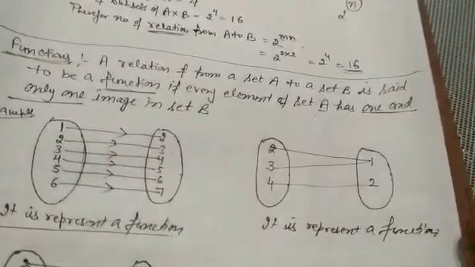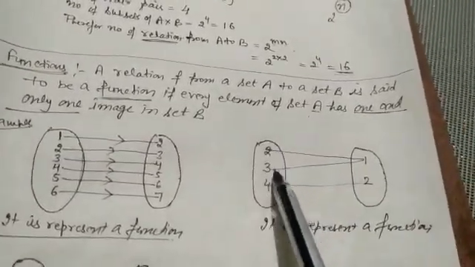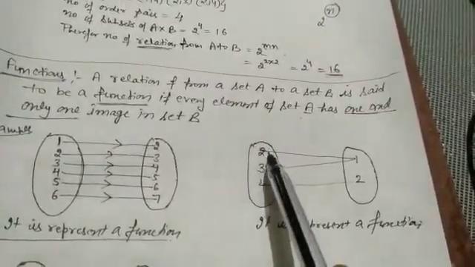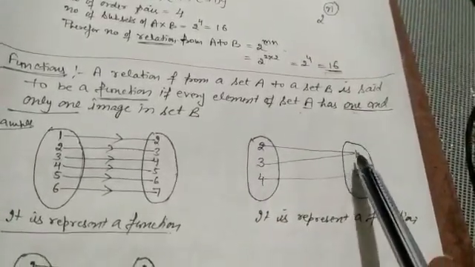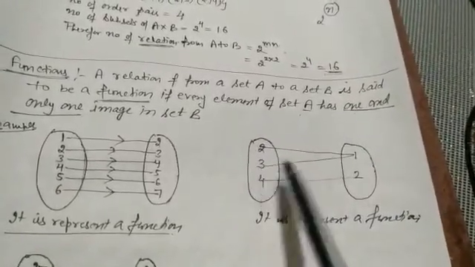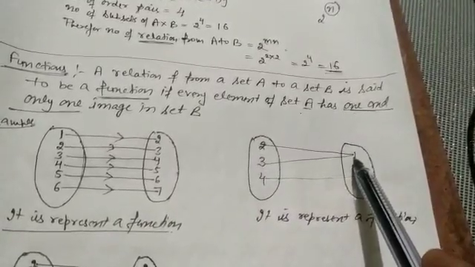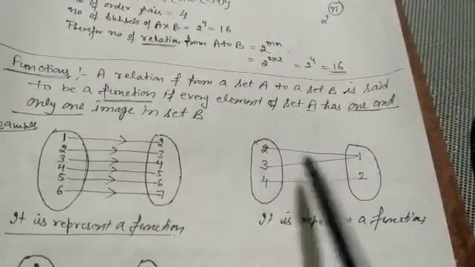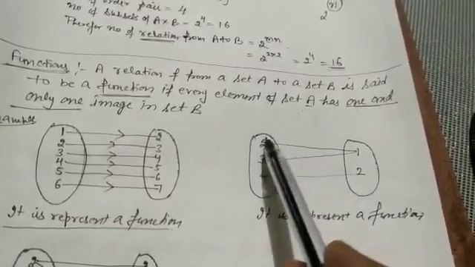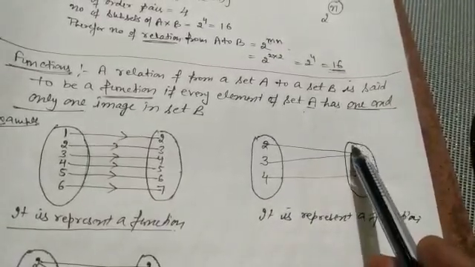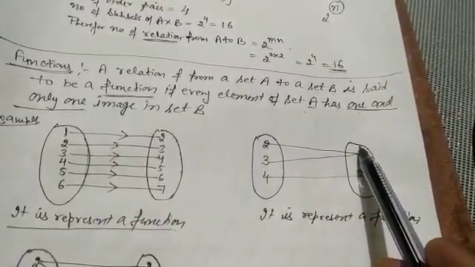Now see one more example. 2, 3, 4. If you observe, this 2 has an image 1, and this 3 also has an image equal to 1. These two elements have the same image. In case of the same image, there is no problem for the function.